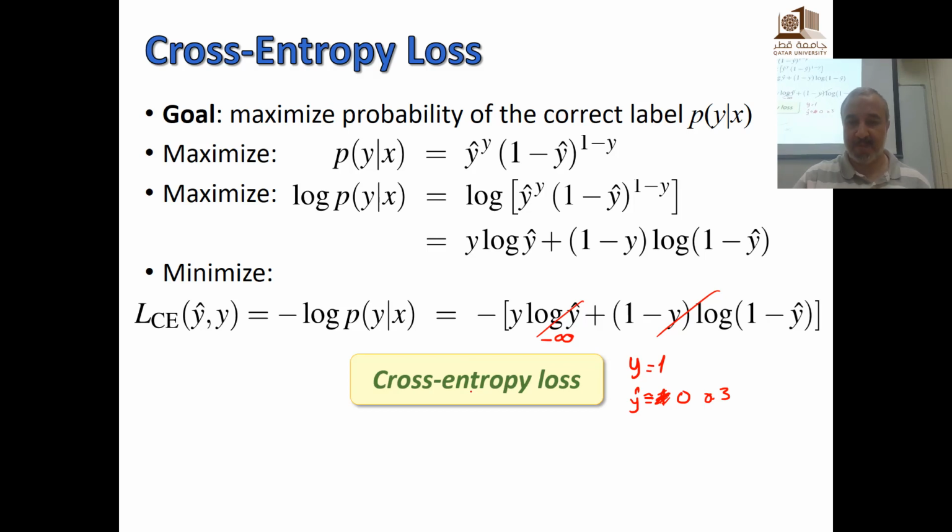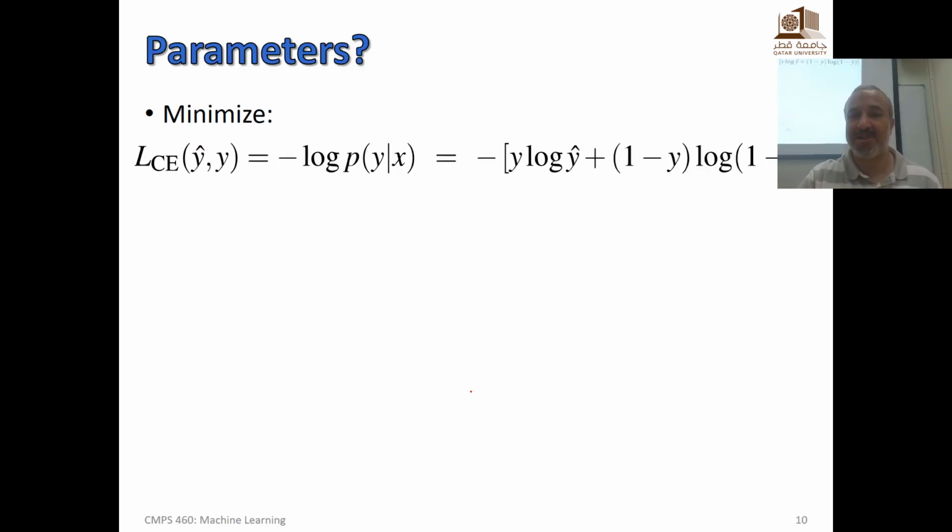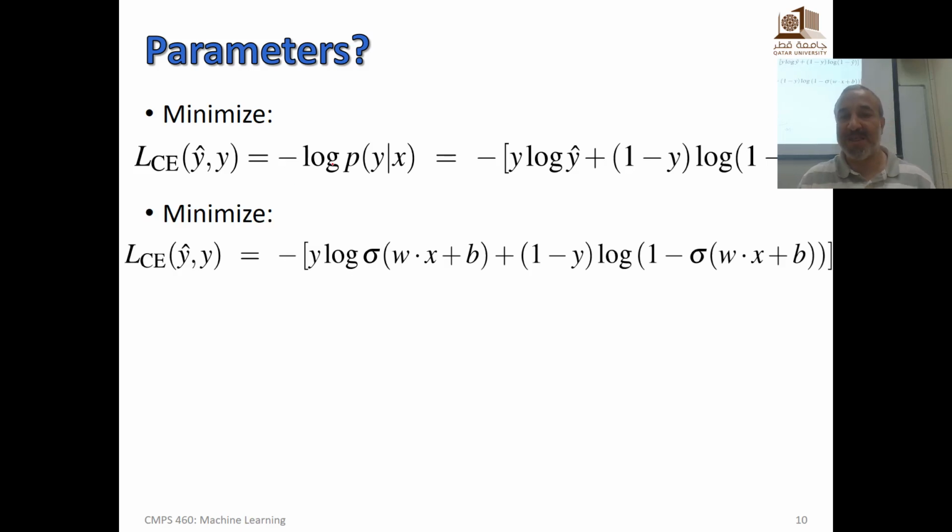Before we do that, let's see the parameters. Where are the parameters here? We are talking about y and y hat, right? How is y hat related to the parameters? The parameters are w and b. Where are w and b here? The loss function should be a function of the parameters, of course. Y hat is a function of w and b. So let's just substitute this. This is what we saw in the previous slide, and this is just substituting y hat by the sigmoid of wx plus b, which is the relation.